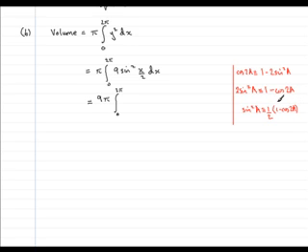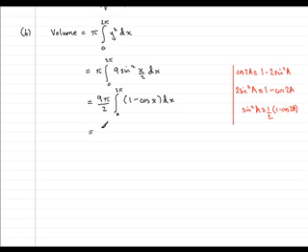And this half I'm going to bring out the front, so it would be 9 pi over 2, and then I have 1 minus cos of simply x with respect to x, using the identity. Okay, so it looks fairly uncluttered in here rather than having it all over 2. As I say, I brought the 2 out the front. Okay, now all we need to do is just integrate this.